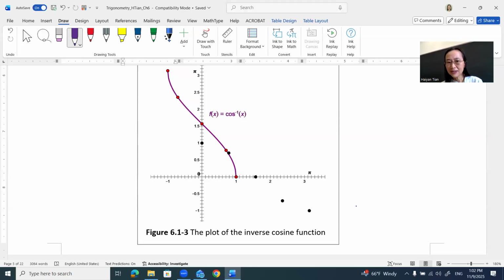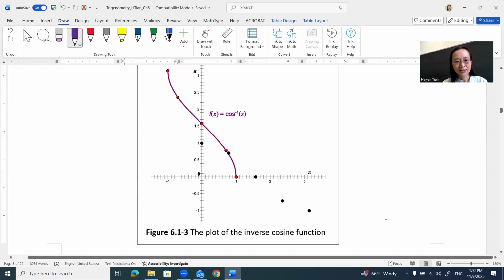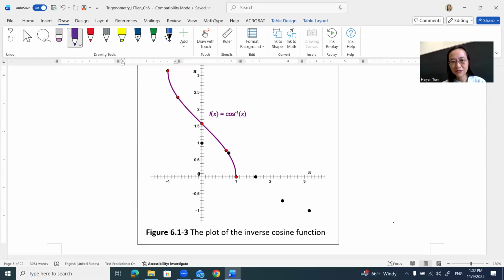And this inverse cosine is a decreasing function, just like the cosine function where we did the inverse. It's decreasing, so its inverse function is also decreasing.